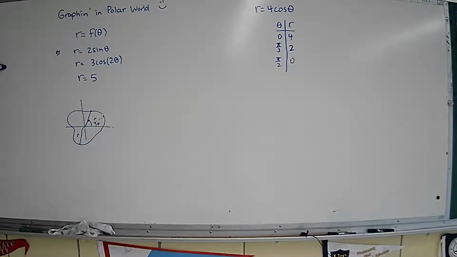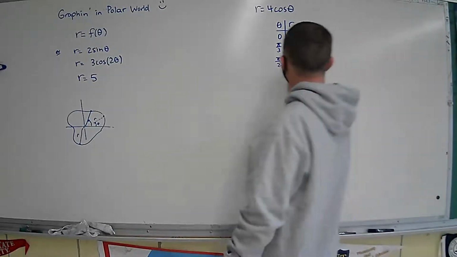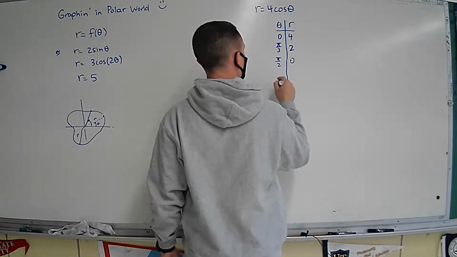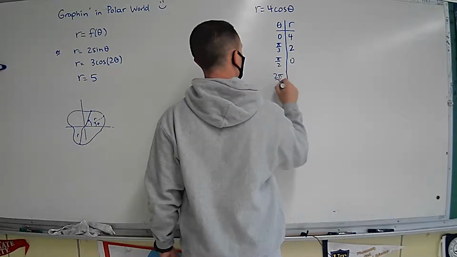The radius is 0. The distance that the curve is away from the origin at theta equals pi over 2 is 0. Okay? Let's do another one. Let's do 2 pi over 3.